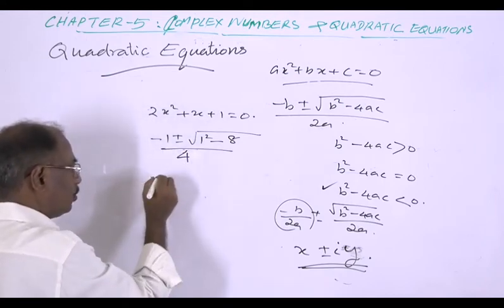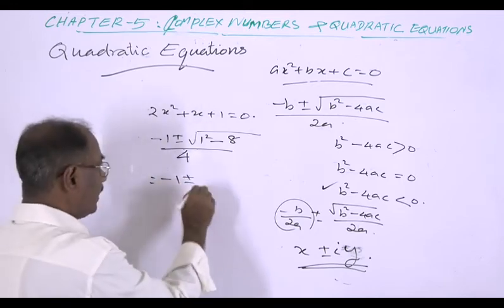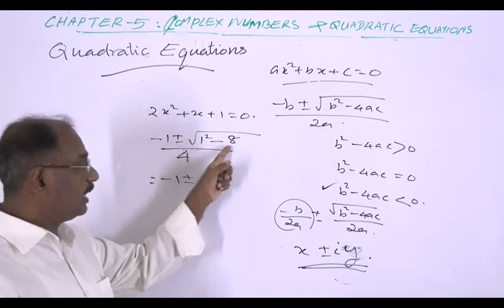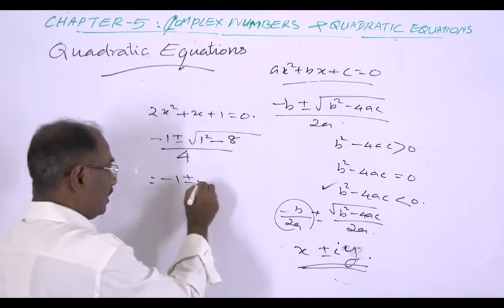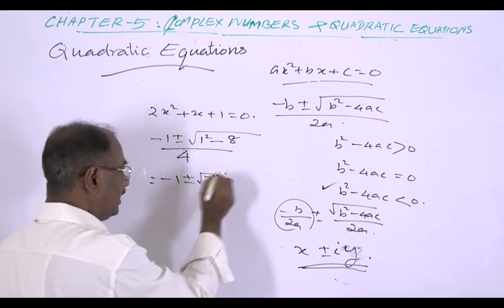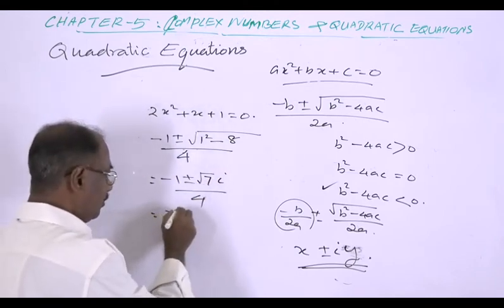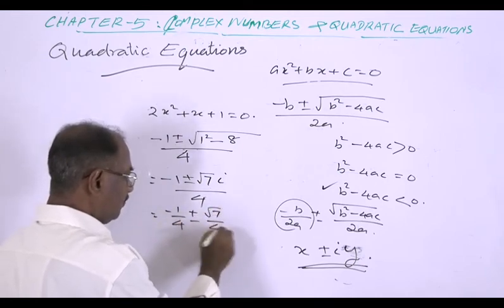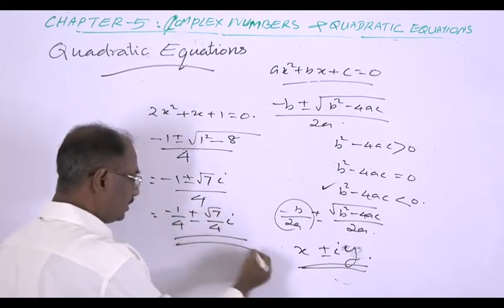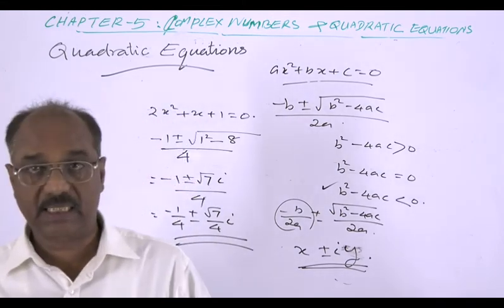Or this is equal to minus 1, plus or minus root of 1 minus 8, 1 minus 8 is minus 7, so root of 7 i divided by 4. That is, this is equal to minus 1 by 4 plus or minus root 7 by 4 i. So these are the roots of this quadratic equation.